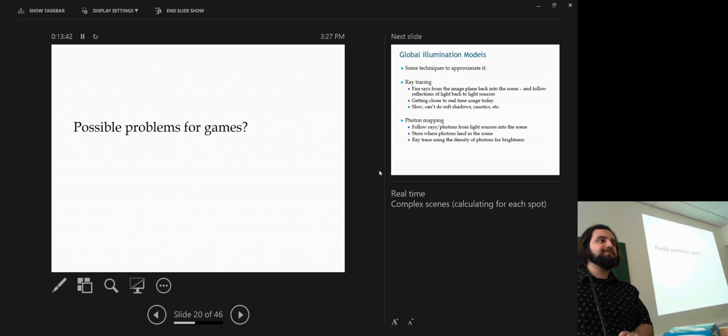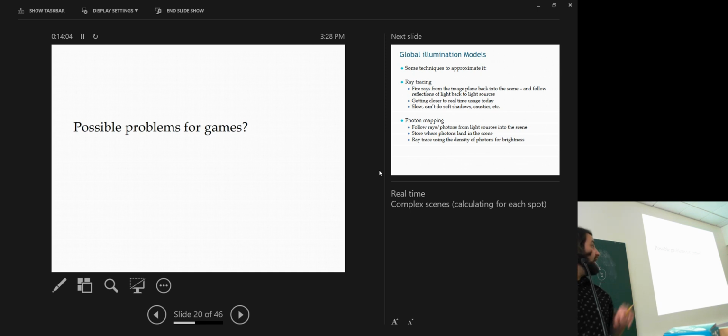Doing that for all possible points is computationally hard. Absolutely. It's computationally very costly to calculate and solve this equation for every point in the scene, and it makes it almost impossible to be real time, which is needed in gaming.